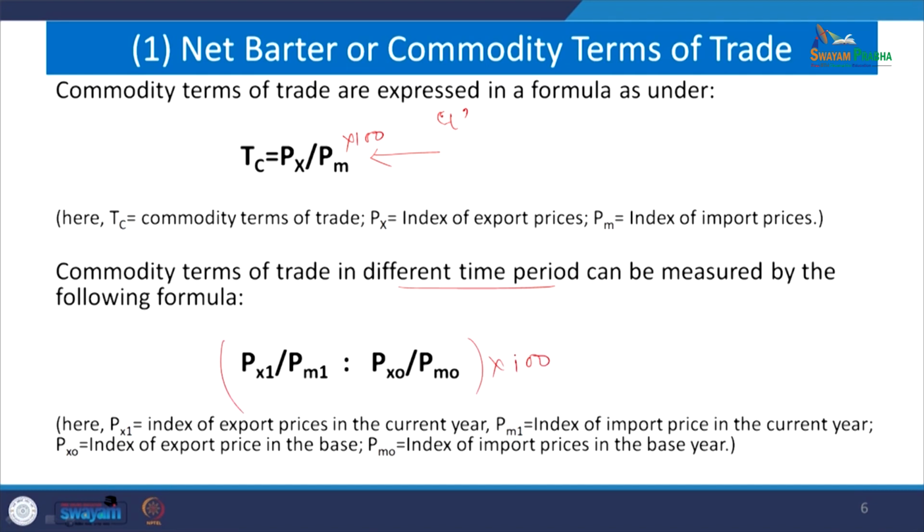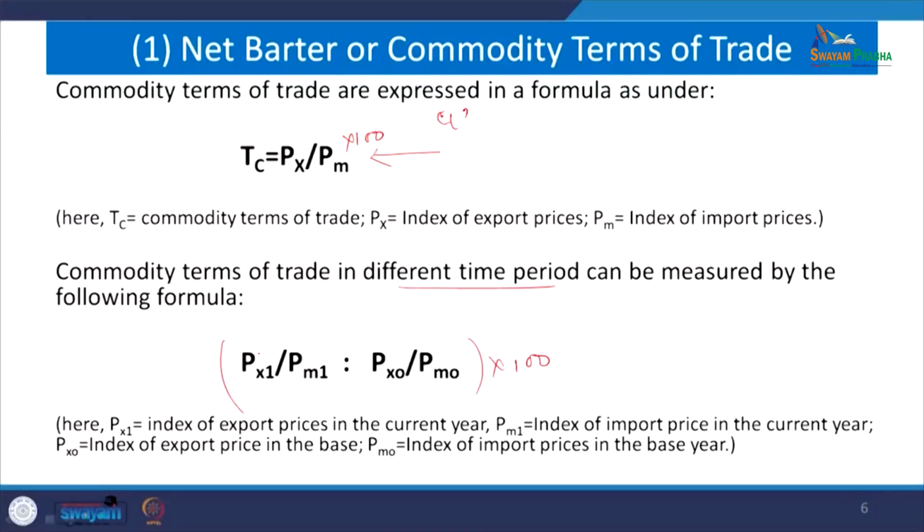So, if you have different time periods, then how should we go for it? If it is a different time period, then certainly the base period must be emphasized. What is the base year, what is the comparison base year, must be emphasized.